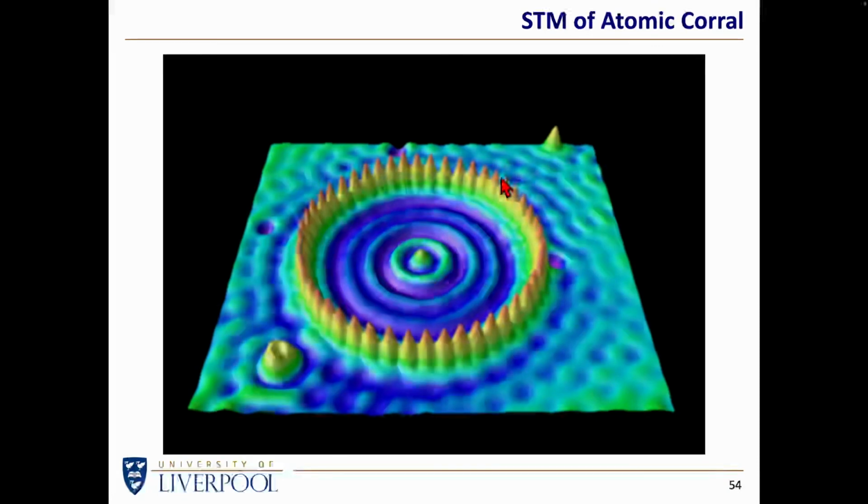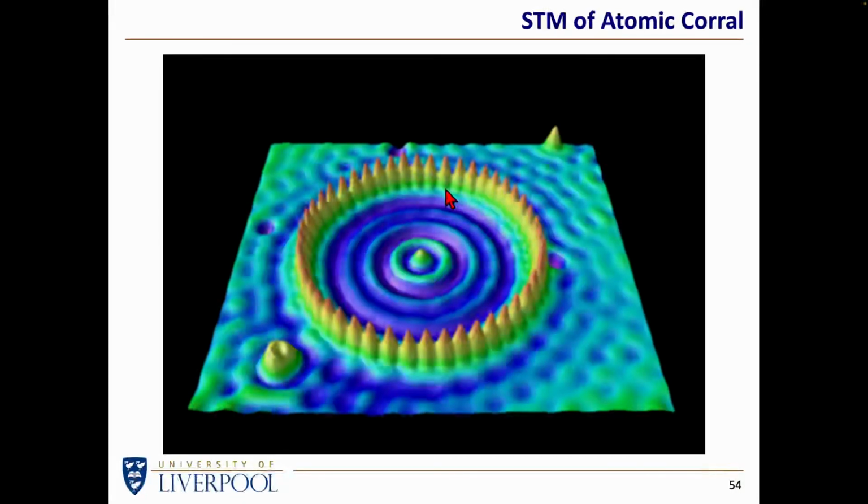So it looks like we've got a whole load of individual peaks here. So the atoms in this corral appear to be behaving like particles. They appear to be behaving like objects separated from each other by a given distance, and they appear to be tiny little billiard balls, in this case exaggerated in the vertical scale.